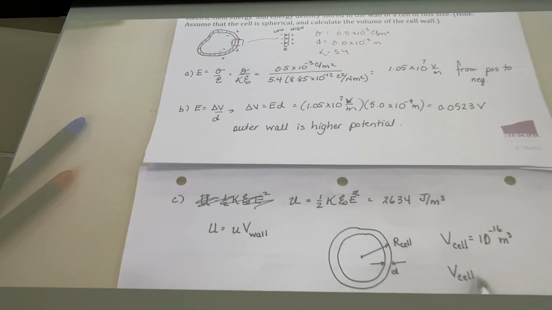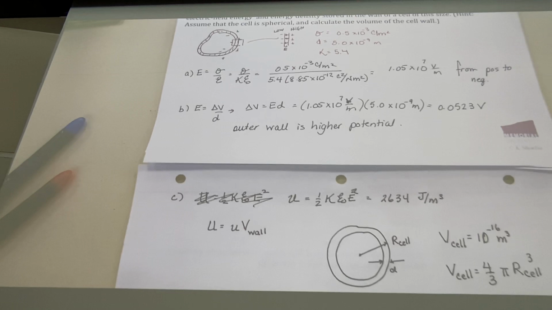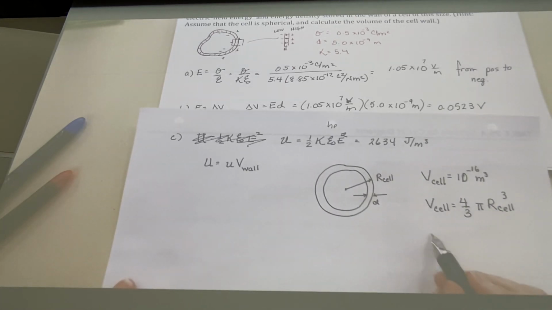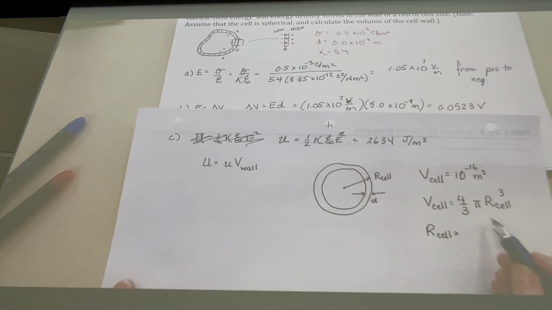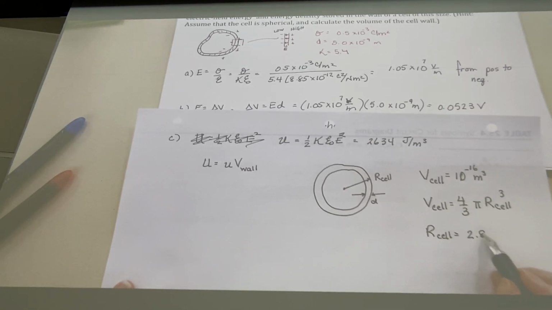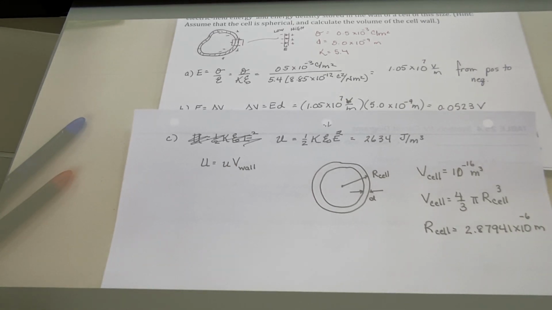Volume of the cell, if we're treating it like a sphere, would be 4/3 times pi times r of the cell cubed. Okay, so you can find the radius of the cell. 2.87941 times 10 to the minus 6 meters. There's the radius of the cell.